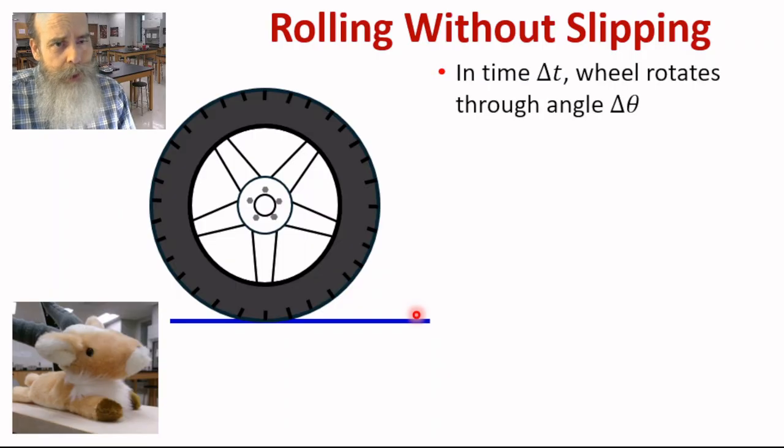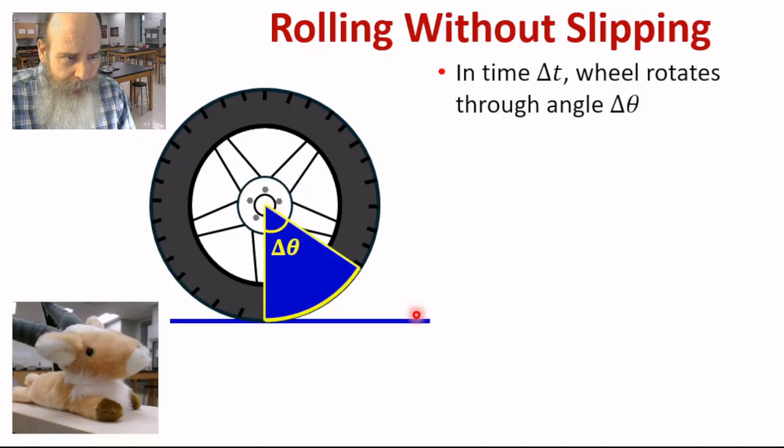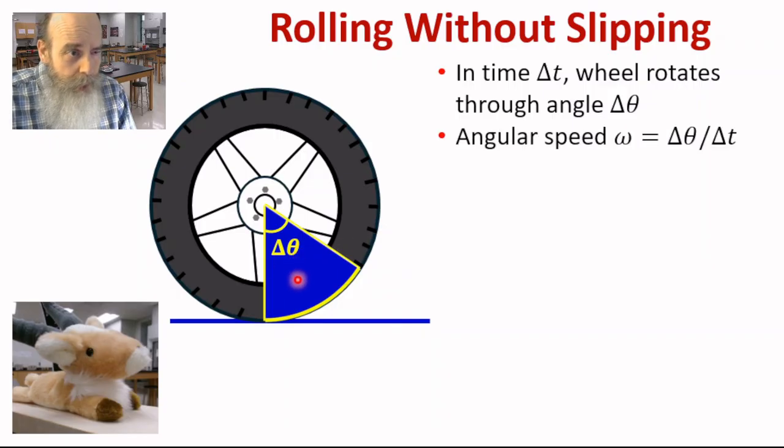So in a time delta t, the wheel rotates through an angle delta theta, as shown here. Here's our delta theta. And there is an angular speed associated with this rotational motion. And the angular speed omega is delta theta over delta t. It's the rate of change of the angle theta.